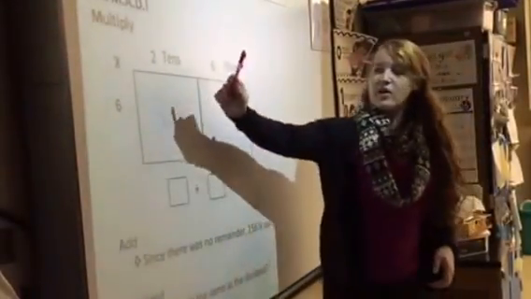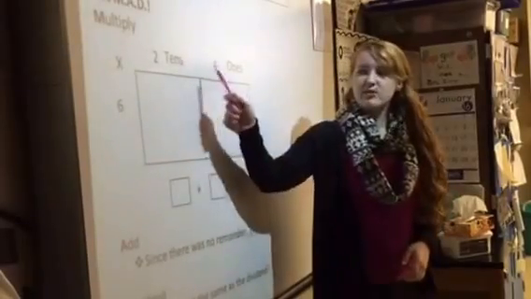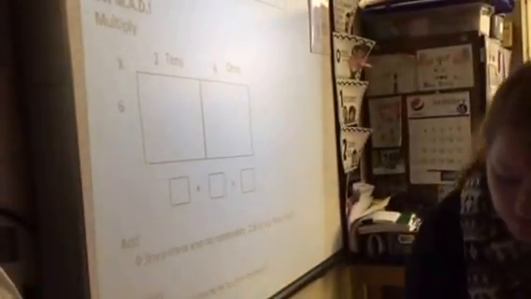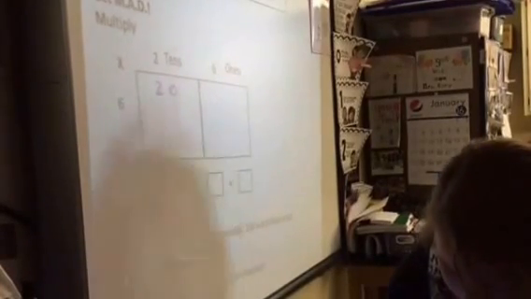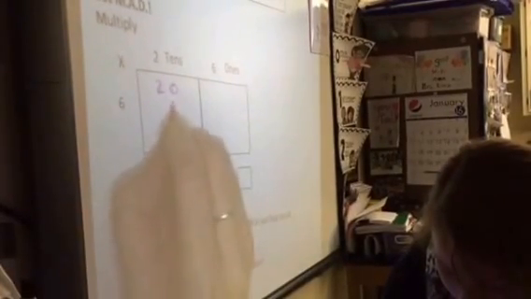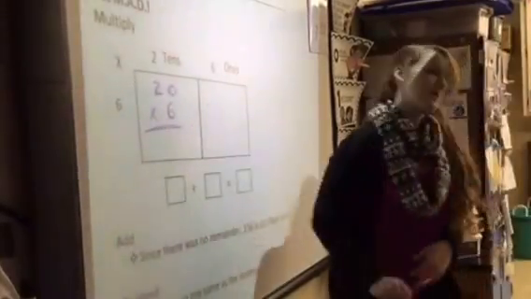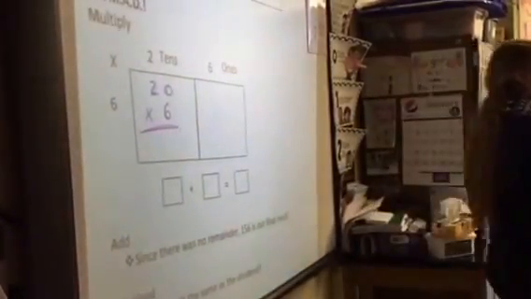So now that we have our divisor and our quotient, we need to do our times tables with the block method you guys are using. So we're going to set it up with our 20, 10s, and our 6 for our divisor. Okay, so who wants to come up and solve this for me?